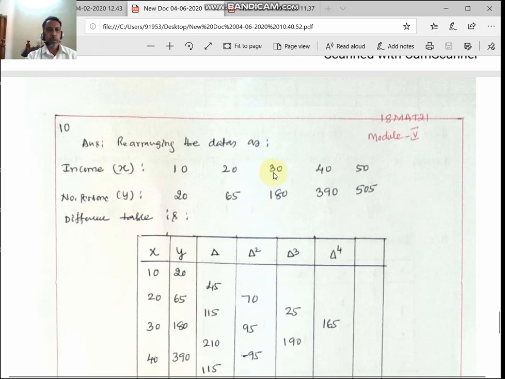Similarly, earning rupees 30 or less than 30, the number of persons is 180, and also 390 is the number of persons who are earning less than 40 rupees, and 505 people are earning less than rupees 50.